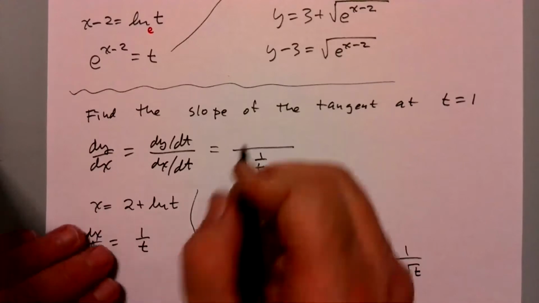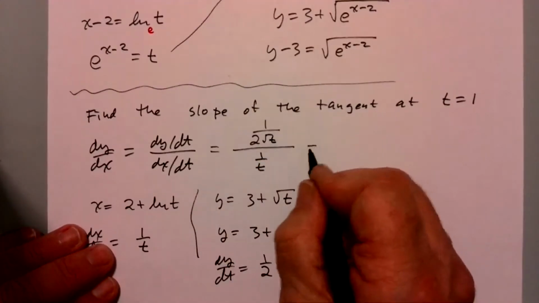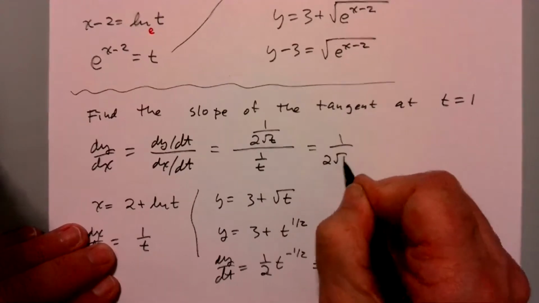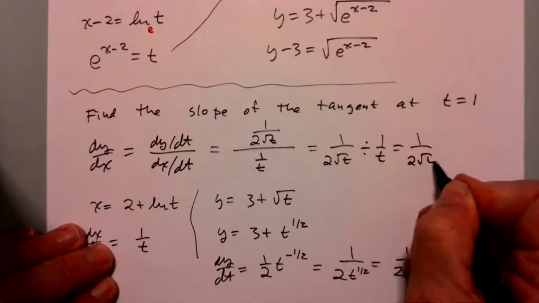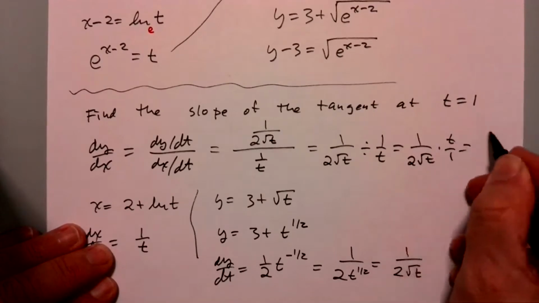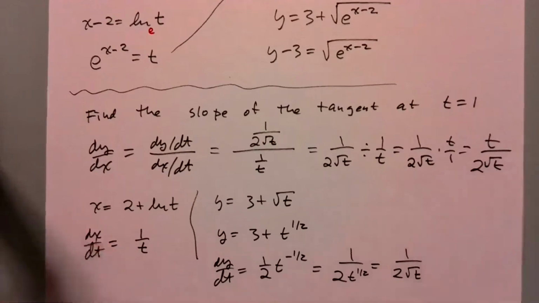That goes on top. So 1 over 2 root t divided by 1 over t is 1 over 2 root t times t over 1, which is t over 2 root t.